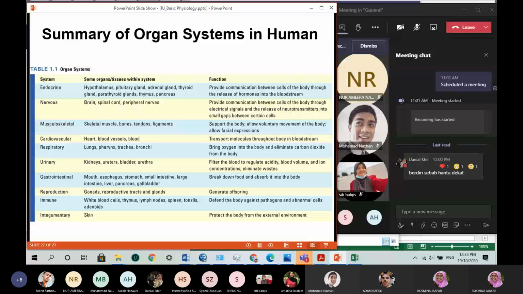Okay, and then let me check. Oh, the same students, about 16 to 17 students in the class. So any questions? Are there any specific questions you want to ask?